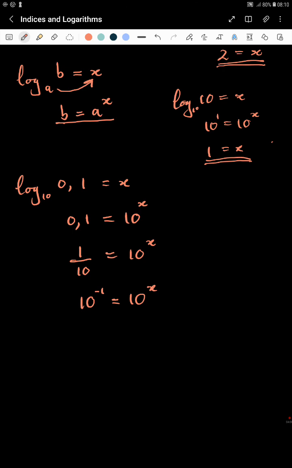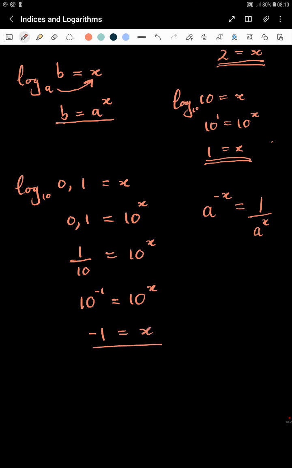So this is coming from the concept where we said a to the power minus x is equal to 1 over a to the power x. So it's like we are working in reverse, coming back. So that's how we get minus 1 being equal to x.